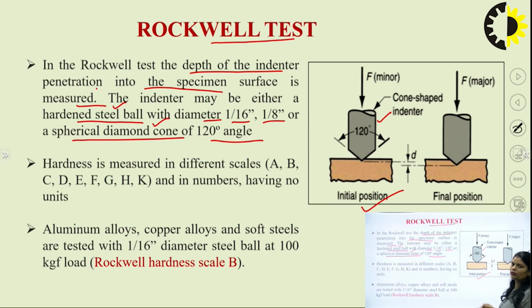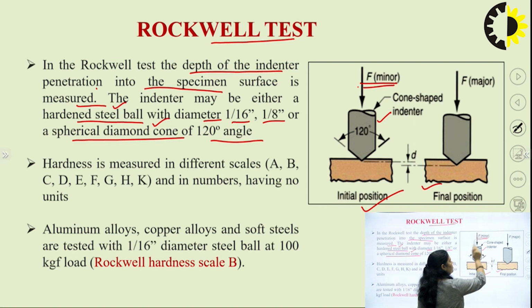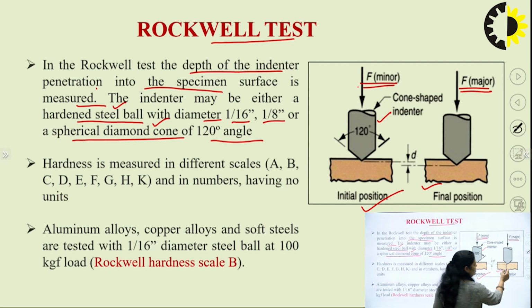So we are using the diamond indenter here, and here is the final position. In the initial position we are applying the minor load. In the final position, when we are applying the major load, we can see this penetration of the indenter into the specimen.